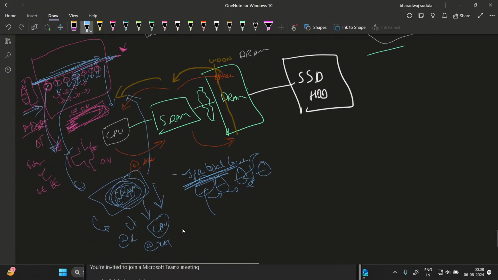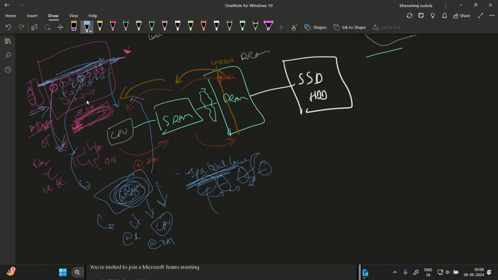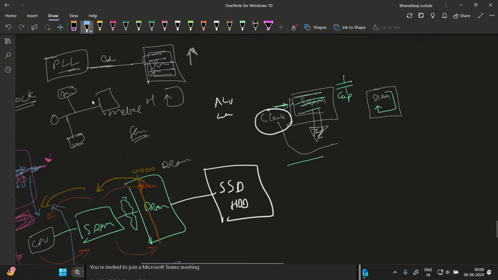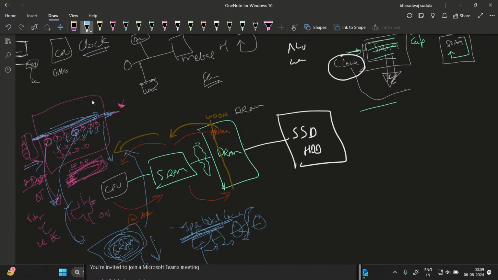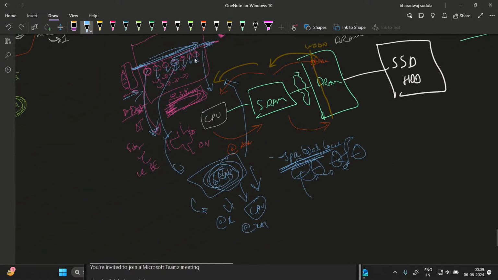So why did we actually start this discussion? Why we have self-timing. When we switch from one column to the other column, we need to enable the sense enable signal.